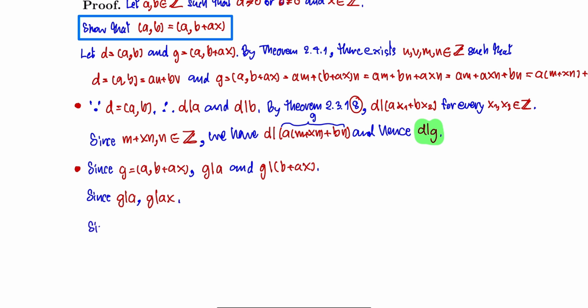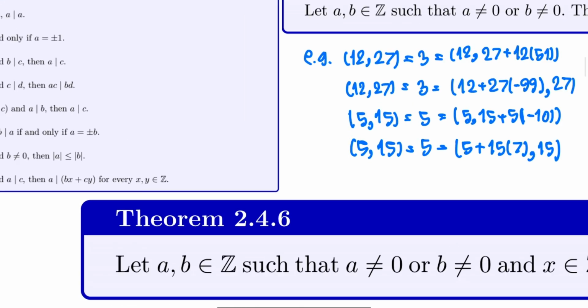So since G divides ax and G divides b plus ax, what do we have? We're going to have G divides b. Okay, this is by Theorem 2.3.1, which is the one right here.